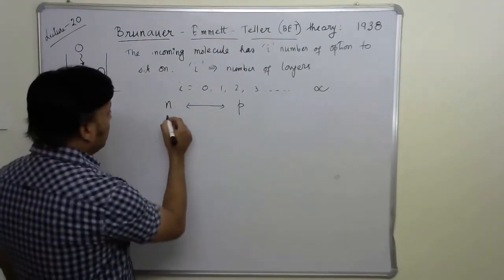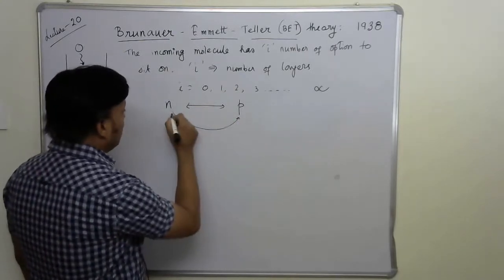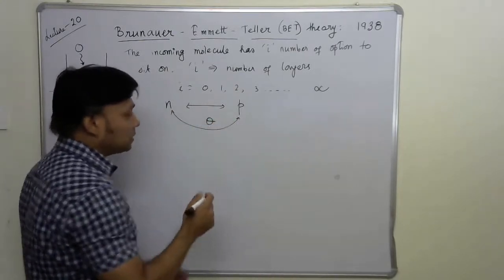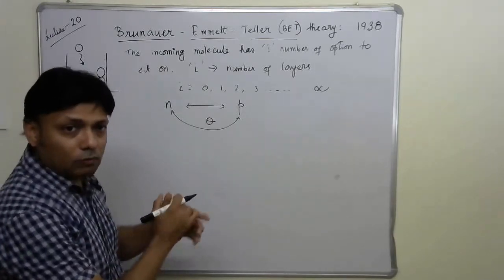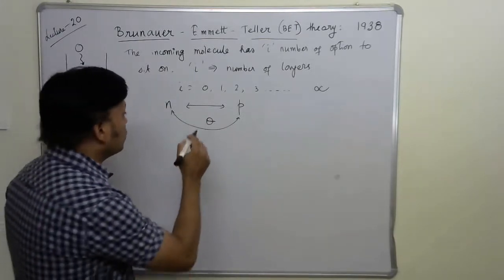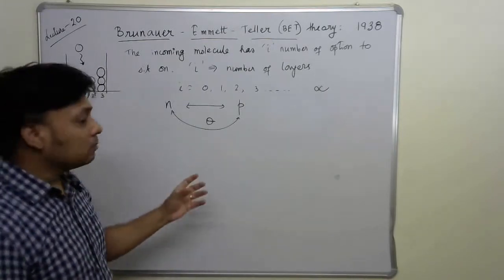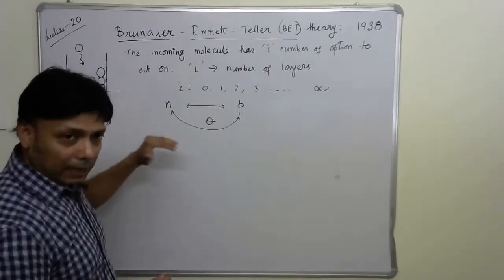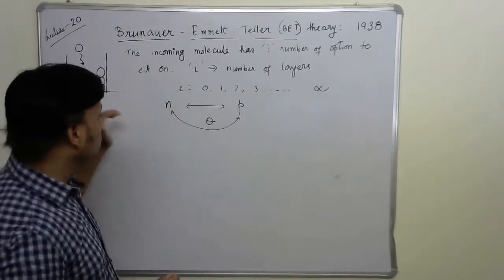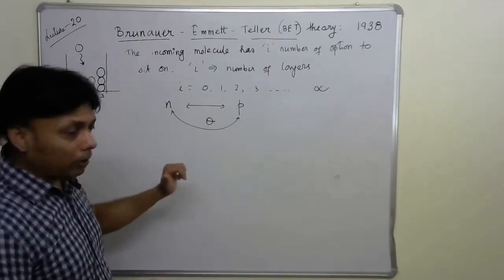N and P should be connected with theta. That's exactly what we did in the derivation of Langmuir's adsorption isotherm. So theta is the fraction of gas molecules adsorbed, right? That is N over Nm, where Nm is the number of gas molecules required to cover a complete monolayer.